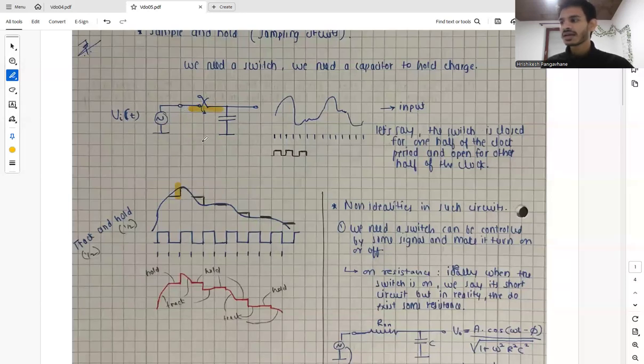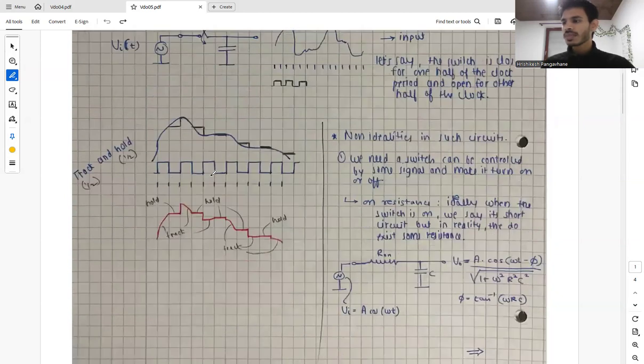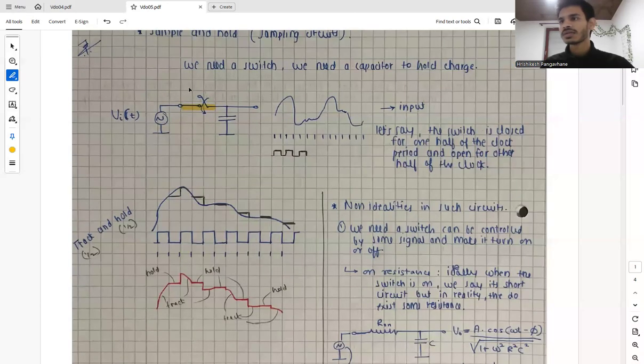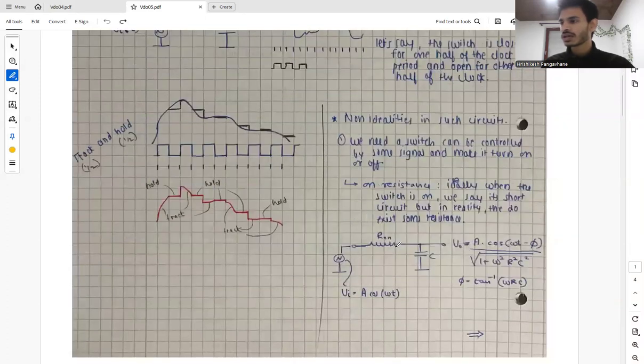But in reality, there does exist some resistance associated with a switch. That resistance can be shown by R on. So when we switch on the circuit, ideally we say it's a short circuit, but it's not; there is a resistance associated with the switch, which is R on.